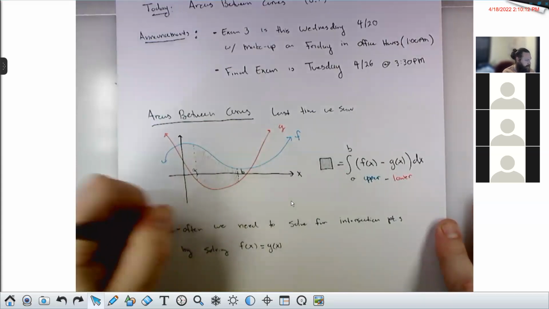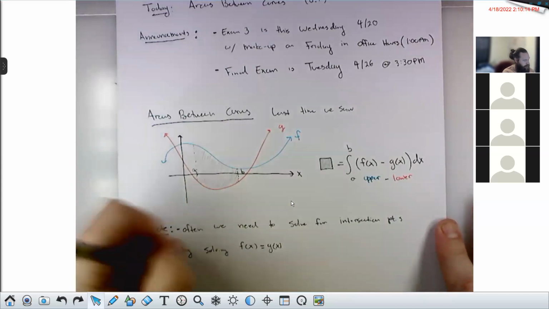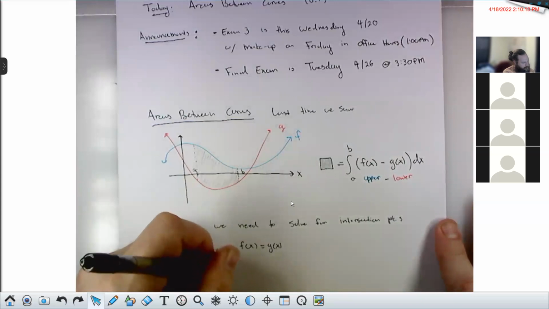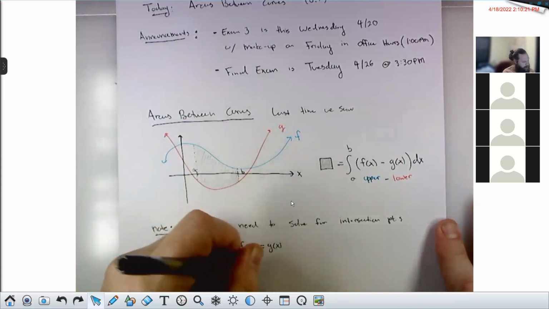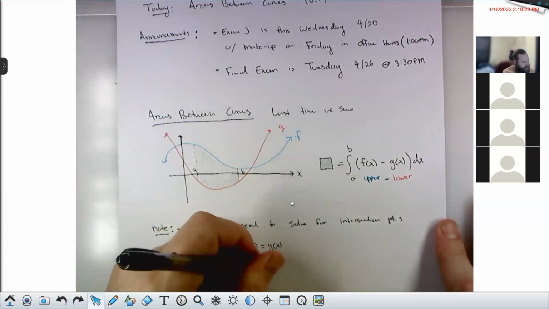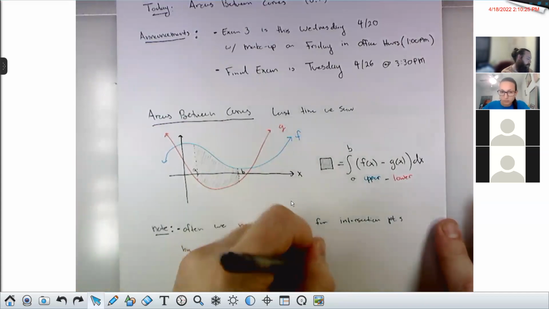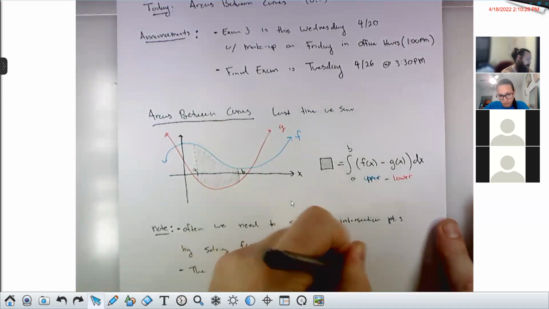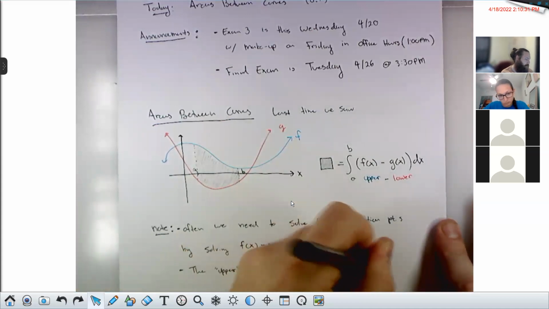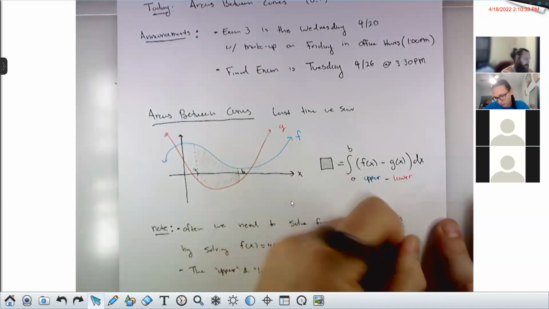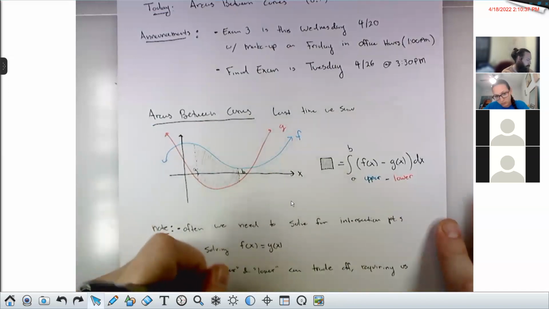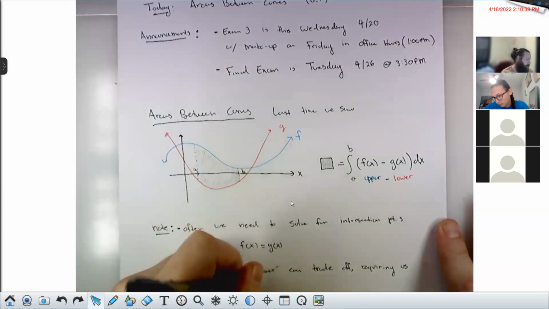This is one thing. Another, the upper and lower can trade off, requiring us to split up the integral.